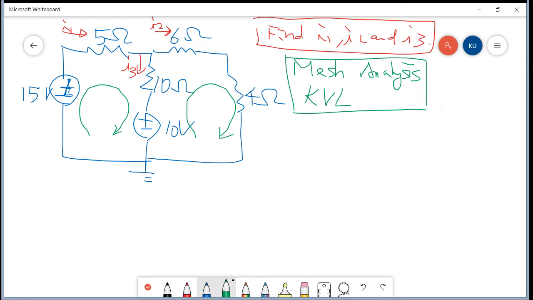So actually, this one should be I1 because we have a current here. But this is not I1, but we'll see what it really is. And for this one, I2 is the current going in this path.